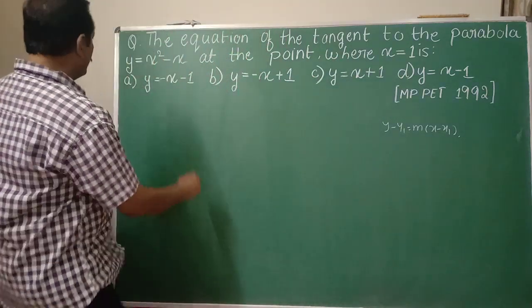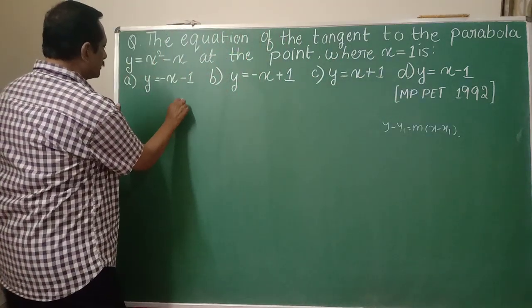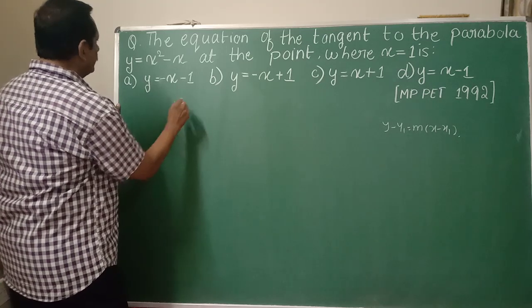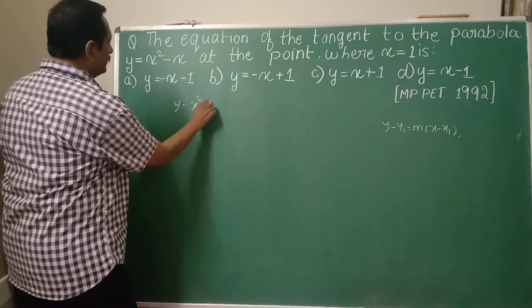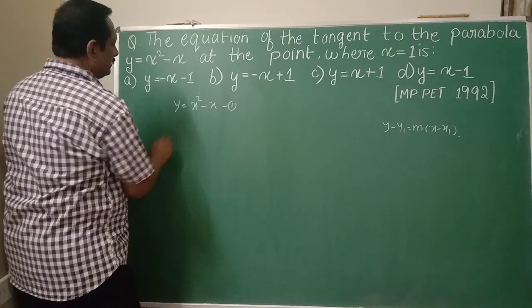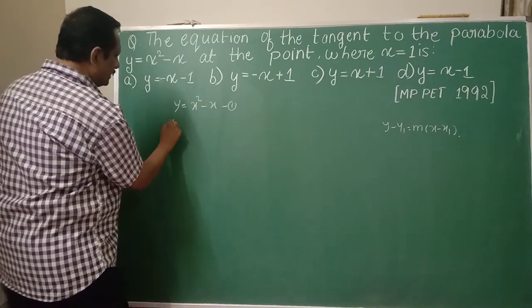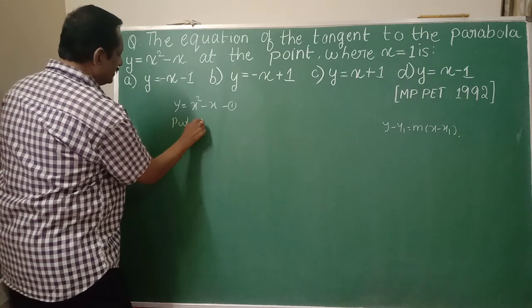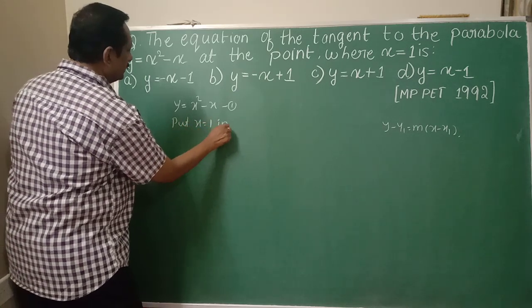So y is equal to x square minus x. This is the given parabola, equation 1. Now put x is equal to 1 in equation 1.